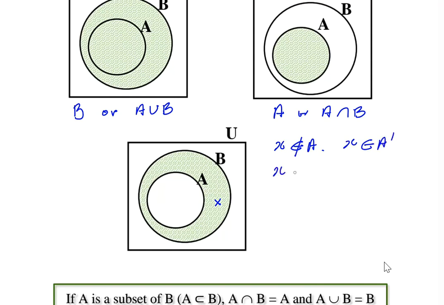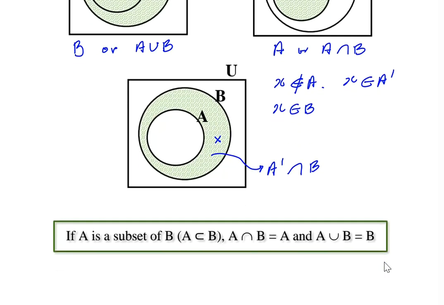X is clearly an element of B. So X is both an element of A complement and B. So X is common to A complement and B. So the shaded region here represents A complement intersect B. That is where you have elements which are common to both A complement and B.